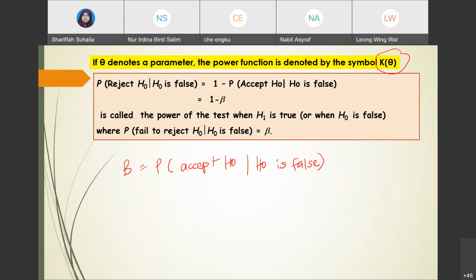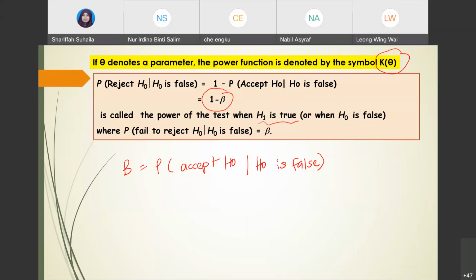Okay. So, kalau power function, probability of rejecting the null hypothesis given that H0 is false is the same thing as 1 minus beta. So, kalau kita dah ada value beta, kalau kita nak dapatkan probability of rejecting H0 when H0 is false, so 1 minus beta. So, it is called as the power of the test when H0 is false ataupun samalah kita tulis when your H1 is true.